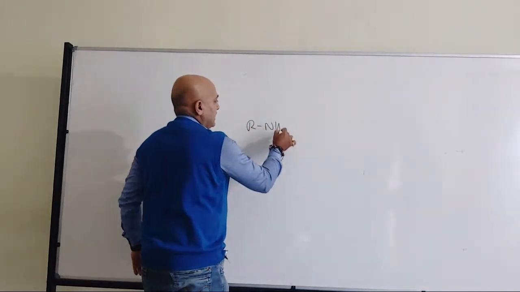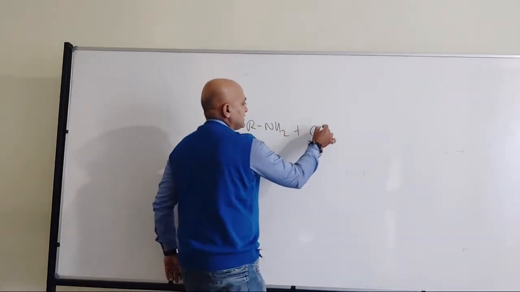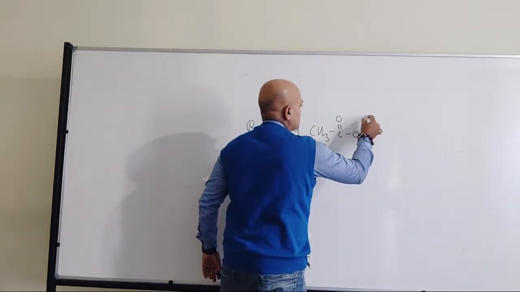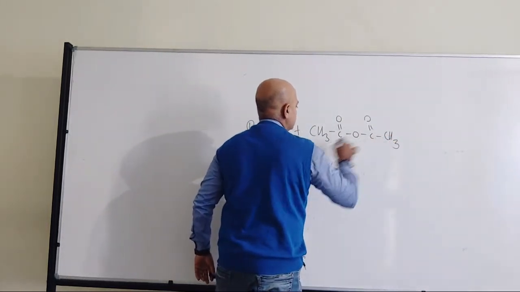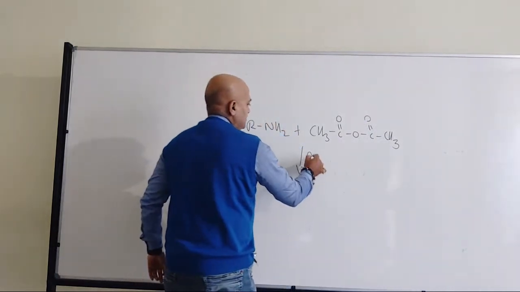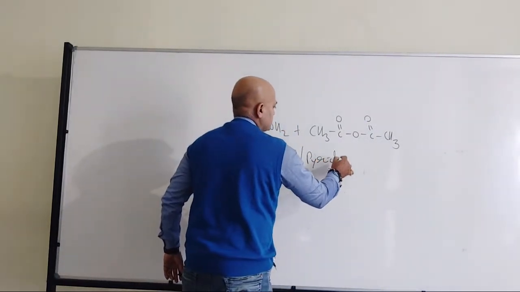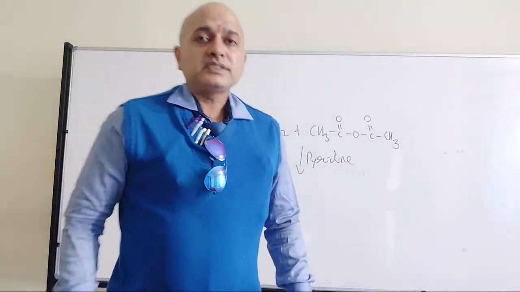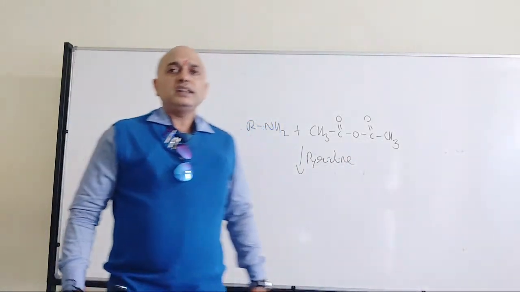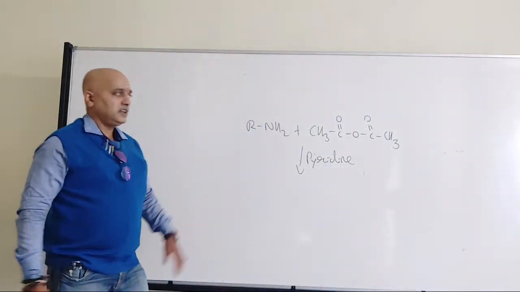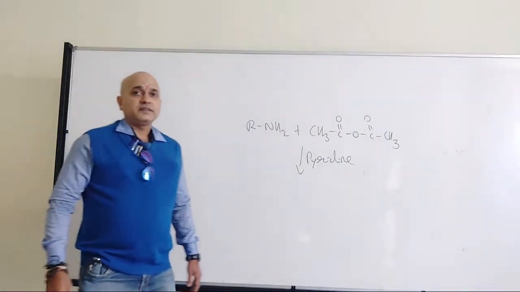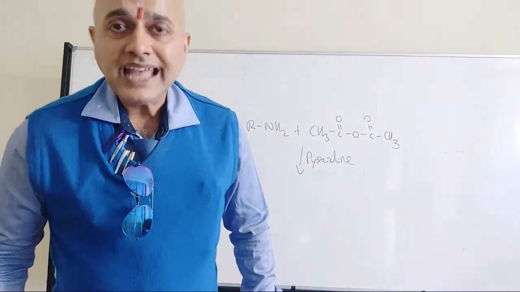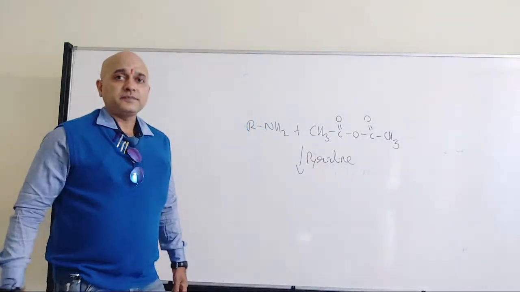R-NH2 plus CH3CO-O-COCH3. Naturally, it can be done in the presence of pyridine, or if you don't have pyridine, no problem. Pyridine is optional; it can be there or it may not be there.